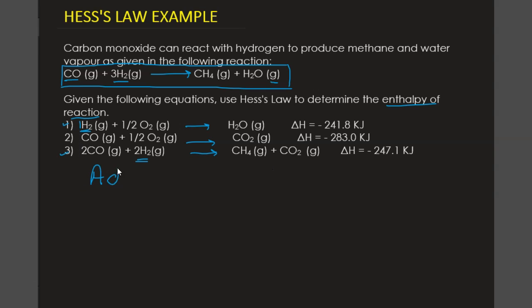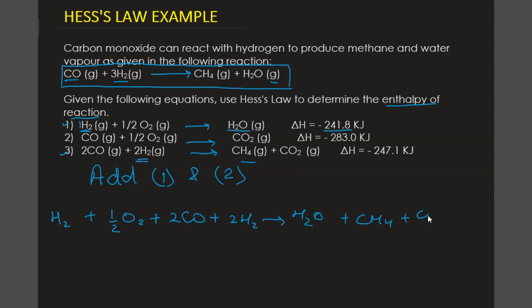So our first step is to add reactions 1 and 3. Always remember, what happens with the reaction, the same thing happens with the delta H's as well. So when I add reaction number 1 and reaction number 3, it looks like this: H2, I'm not writing any states, plus half O2 plus 2 carbon monoxide plus 2 hydrogen gives us H2O plus CH4 plus CO2.